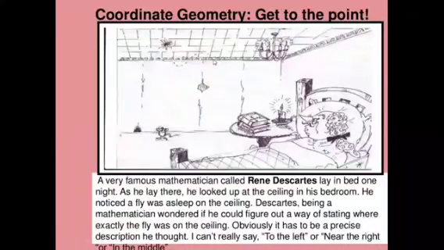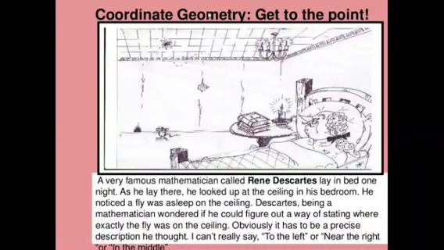To understand the theory of coordinate geometry in a better manner, let me tell you a story about a very famous mathematician, René Descartes. The story goes this way. A very famous mathematician called René Descartes lay in bed one night. As he lay there, he looked up at the ceiling in his bedroom.